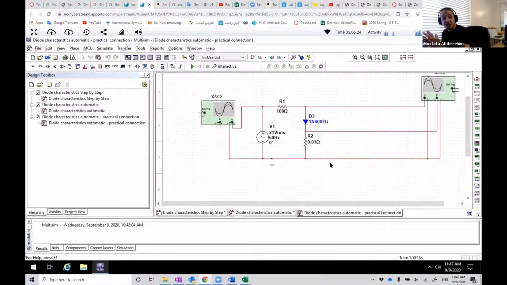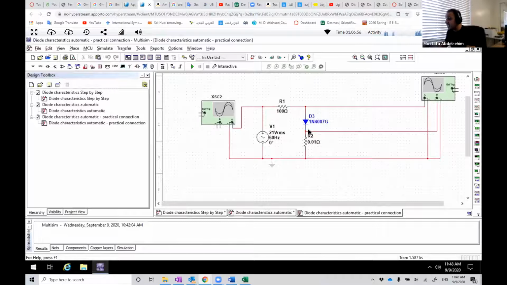What I have done here is avoid the impractical connection, which would make R2 shorted in a real implementation. I just connected the two grounds to the same point, the ground point here. So the ground of channel A and the ground of channel B are both connected to the same ground.